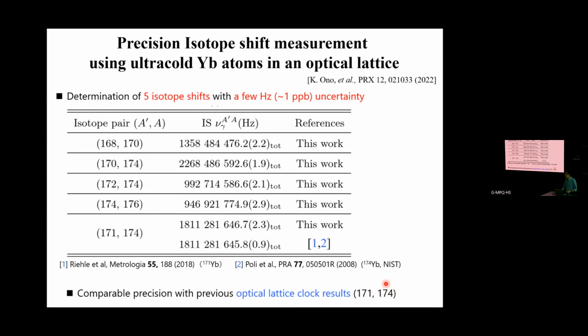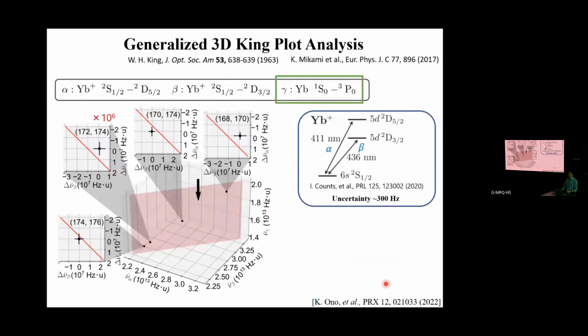So it's good. Our precise isotope shift data is used to construct the 3D King plot like this, and investigate possible nonlinearity.